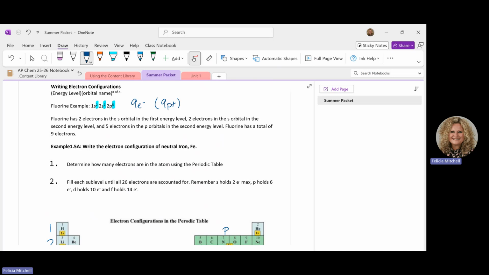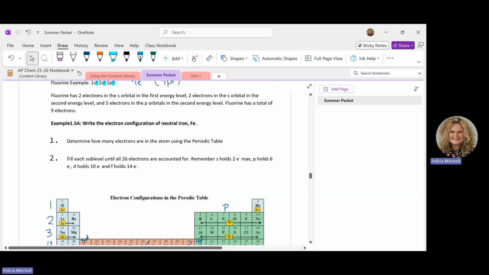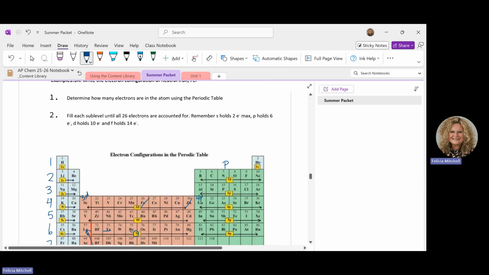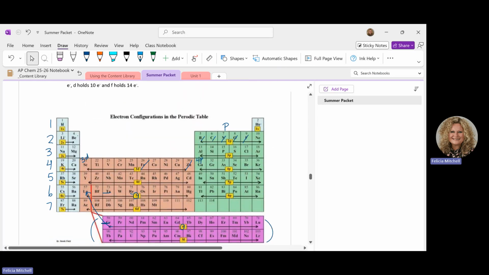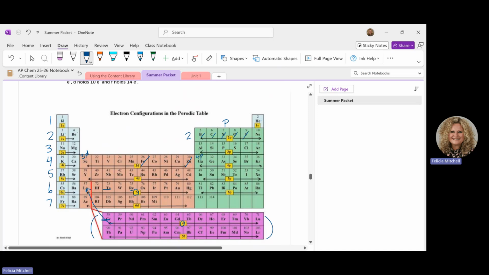You're just going to fill in order: 1s2. Remember, helium is still the 1s. 2s2, 2p, 1, 2, 3, 4, 5. And then stop at fluorine, 2p5. I'm sorry, I said 3p. I'm still in the second row, 2p5.